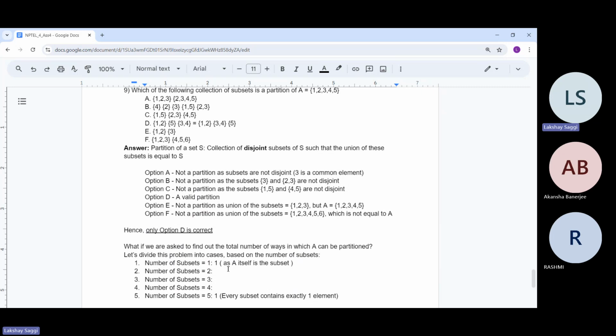If the number of possible subsets is 2, then here I think we'll have to divide it into further subcases. Okay, so the number of subsets is 2.